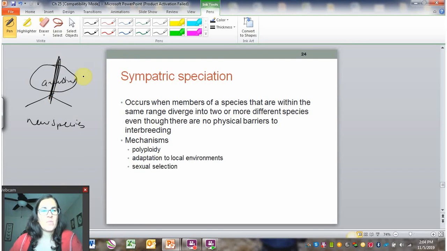And in the case of allopatric speciation, that was a geographic barrier. And so that's why allopatric means different land or opposite land. Whereas sympatric speciation means same land. So in other words, it's not caused by geographic separation.